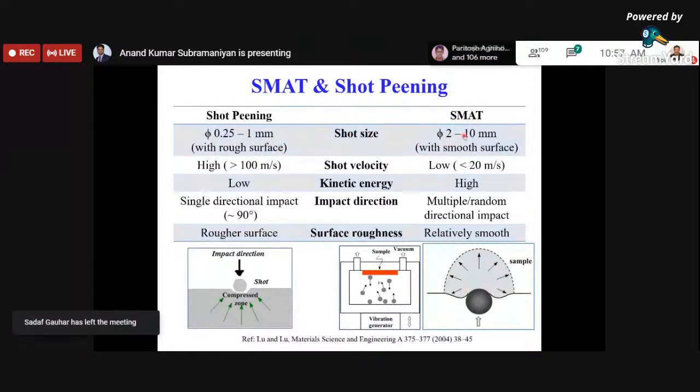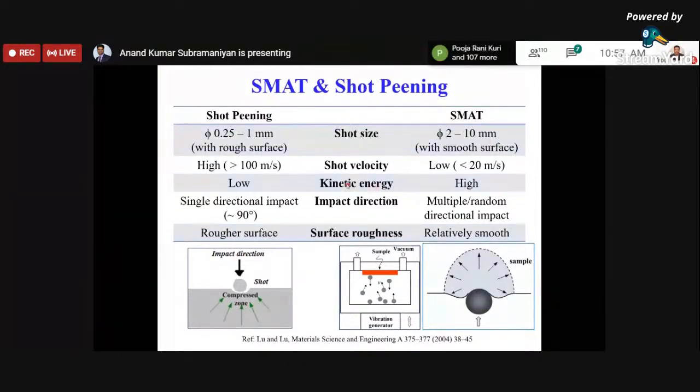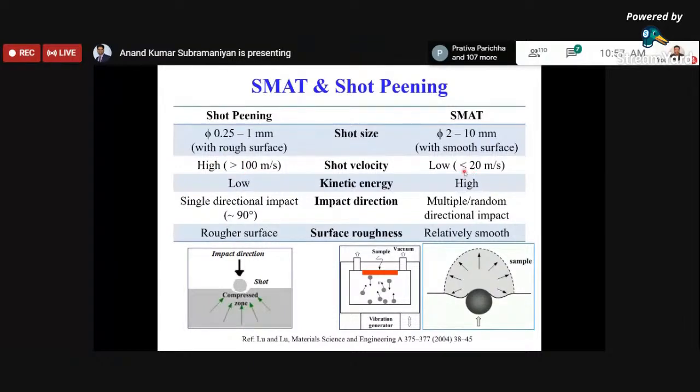In the case of SMAT, you can see that it is slightly bigger, 2 to 10 mm ball size can be used. And if you look at the shot velocity, because of its very small size, you'll be able to obtain very high shot velocity, but in the case of SMAT, you will have a very low velocity.